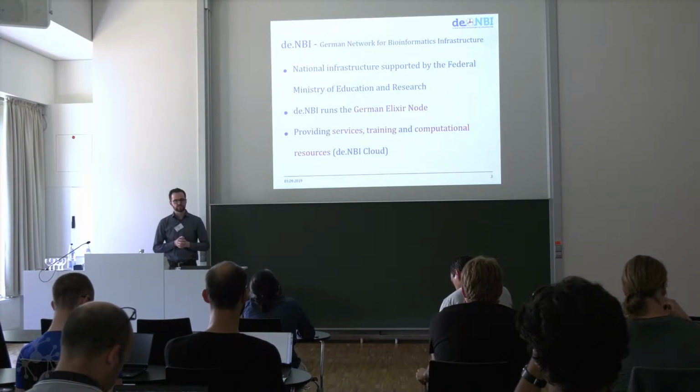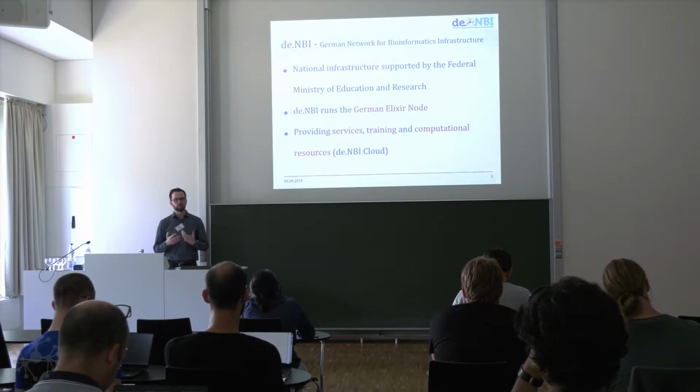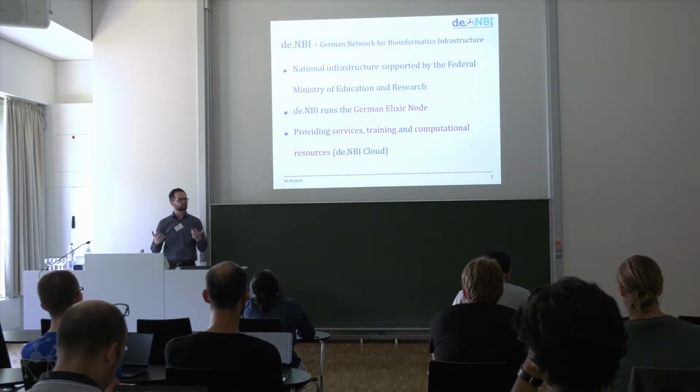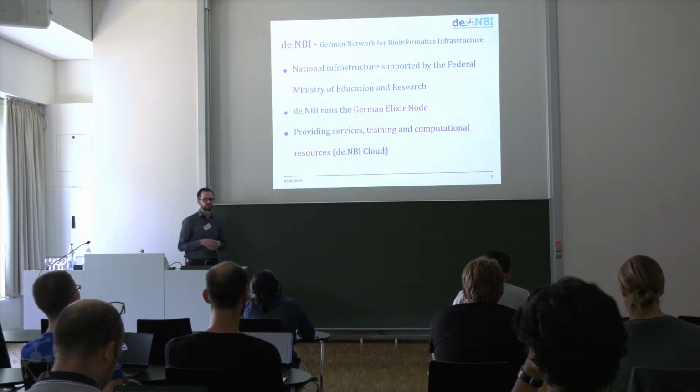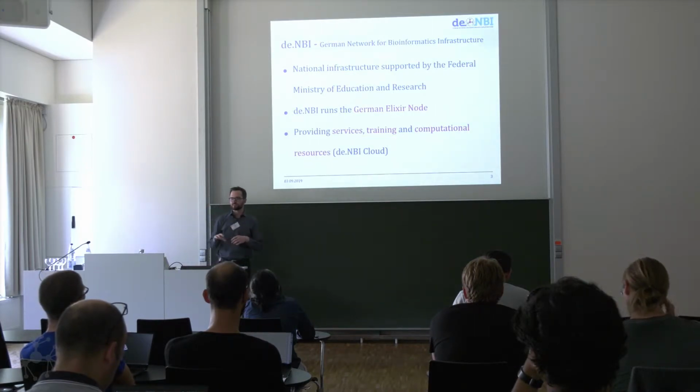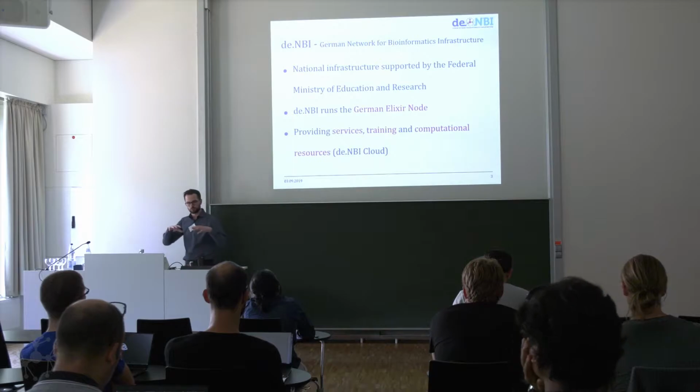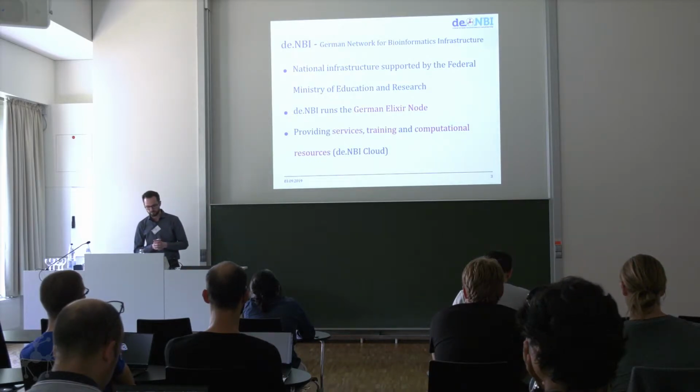Since, I think, 2016, it also runs the German Elixir node. Elixir is quite similar to de.NBI, but it operates more on a European level. It is an intergovernmental organization that connects different life sciences projects and resources across Europe.